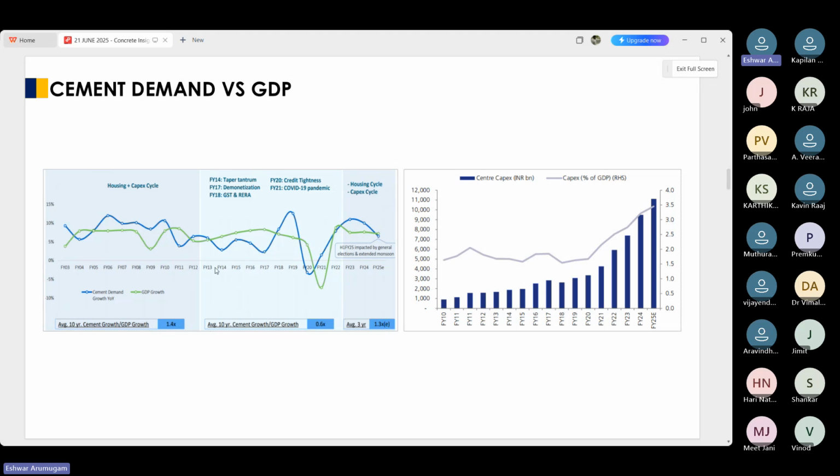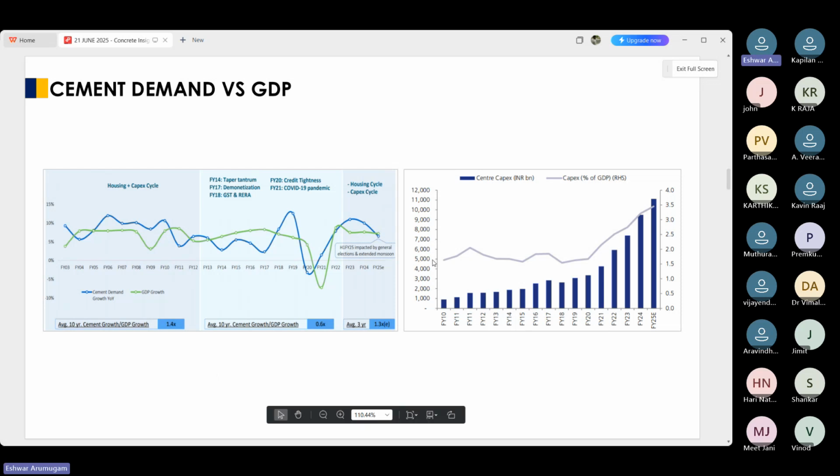Between FY12 and FY22, it grew about 0.6x, owing to the tepid demand, due to the factors we already talked about in the previous slides. And post FY22, it is 1.3x of GDP growth. If you consider GDP to be growing at 6 to 7% for a country like India, we can assume the cement sector will grow at a healthy 9 to 10%.